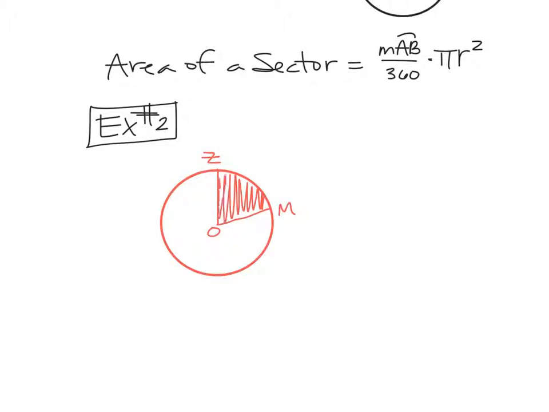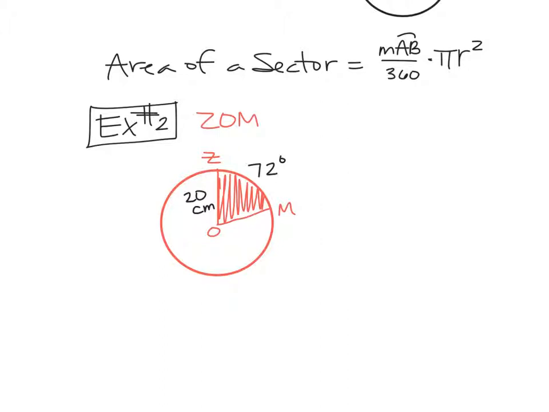That's this sector right here. You would name it ZOM. So find the area of sector ZOM is what we're doing. And what we need to know are a couple of the details about it. So we're going to say this arc, ZM, is 72 degrees, and we have a radius of 20 centimeters.